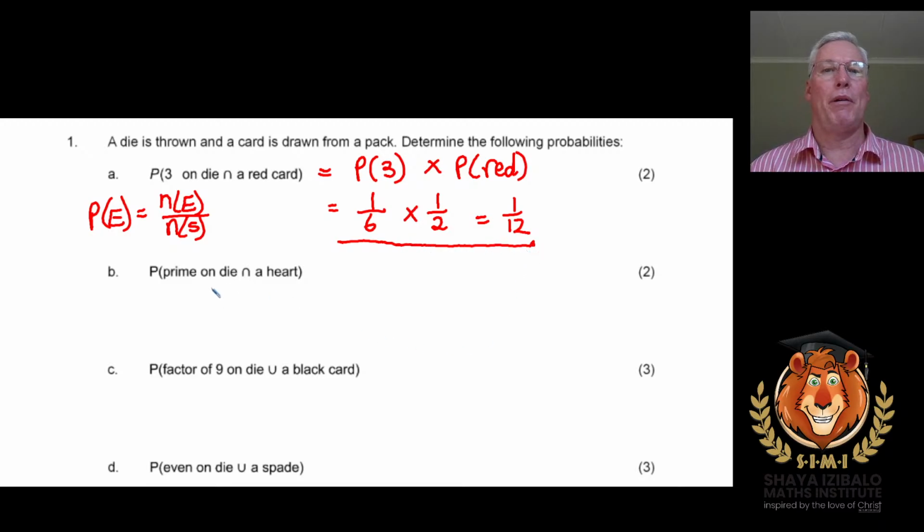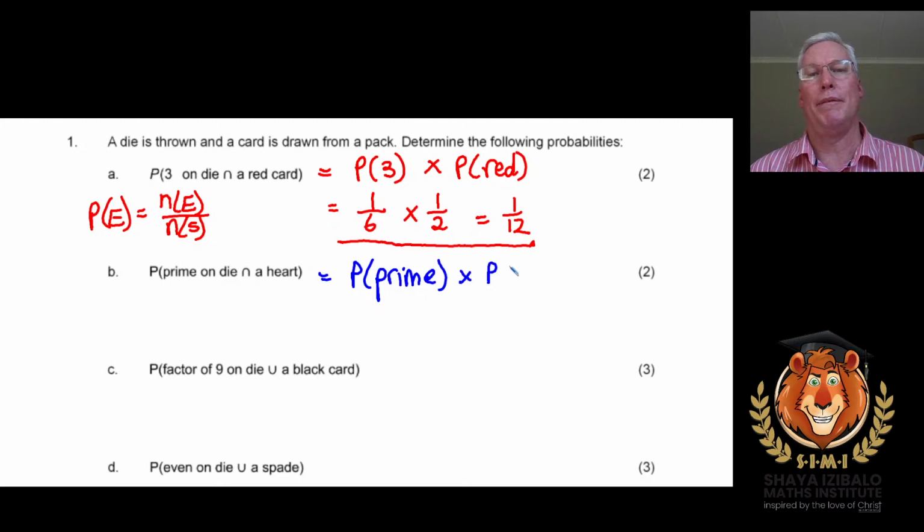What's the probability of a prime number on the die and a heart? Again, because these things are independent, we can just multiply. So it's going to be the probability of a prime multiplied by the probability of a heart. And the probability of a prime, well, how many prime numbers? Remember, 1 is not prime. 2, 3, and 5.